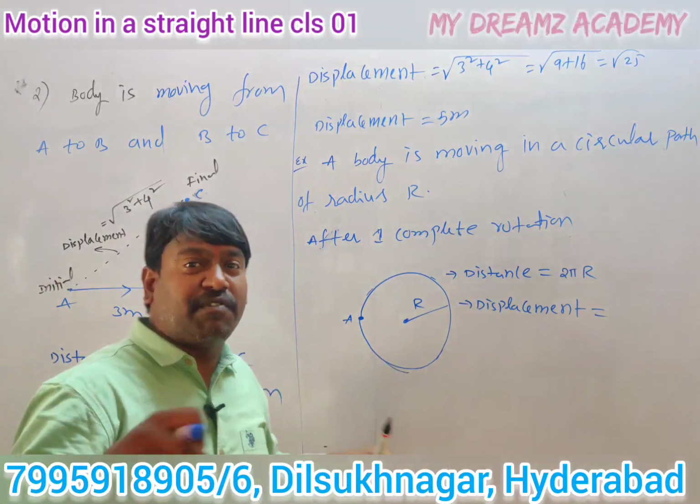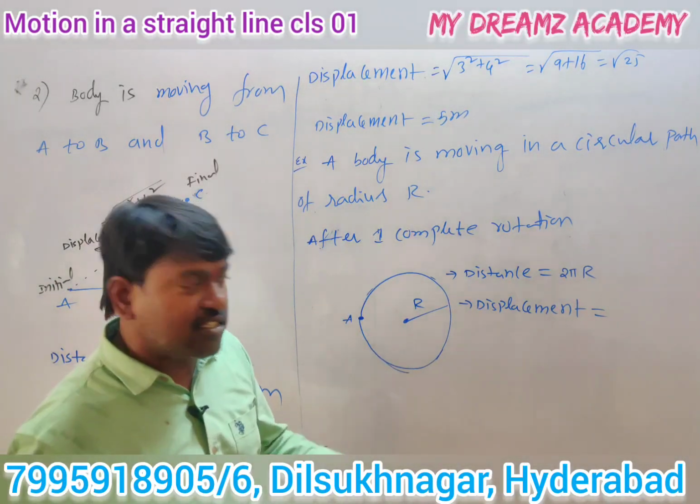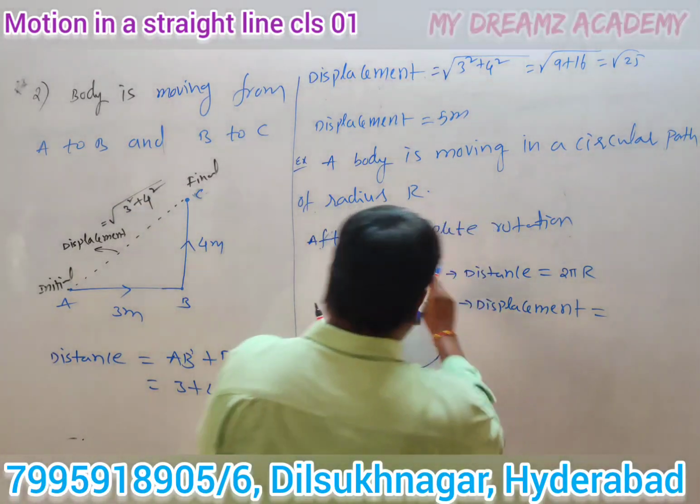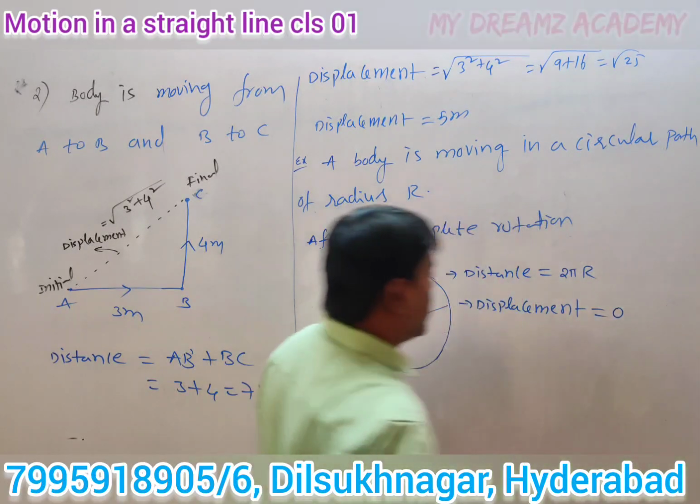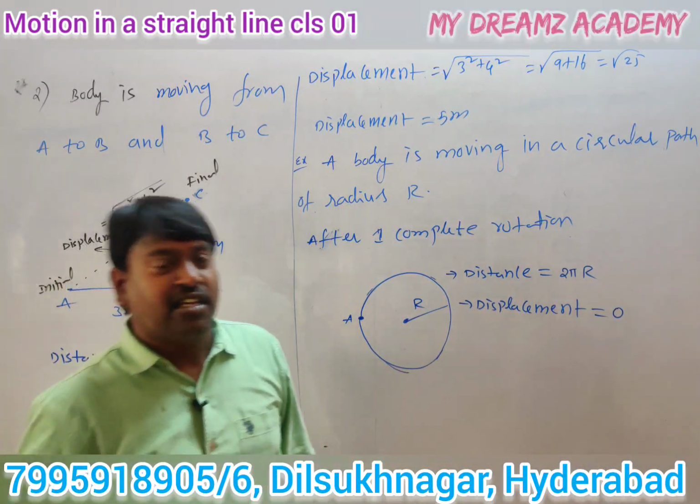What is the distance between initial and final positions? That is 0, because they coincide. That's why the displacement covered by the body after one complete rotation equals 0.